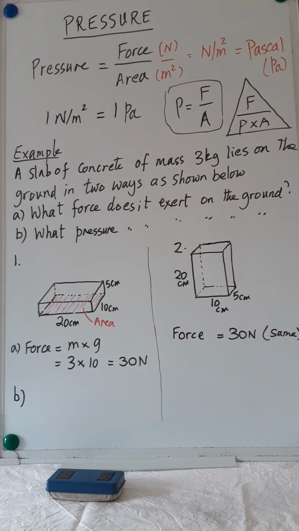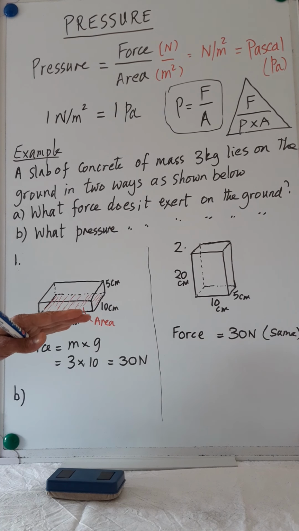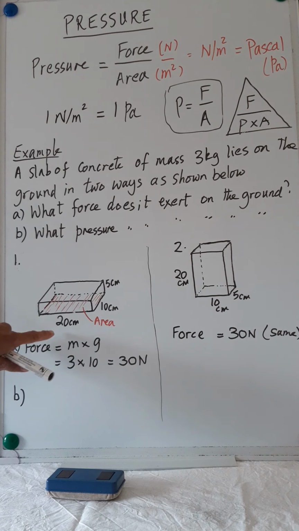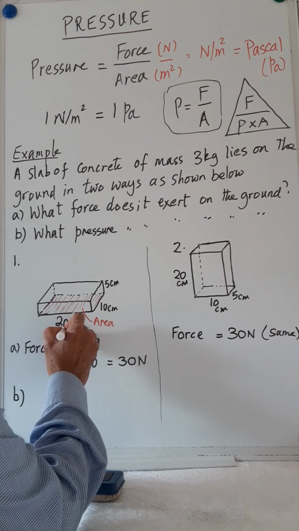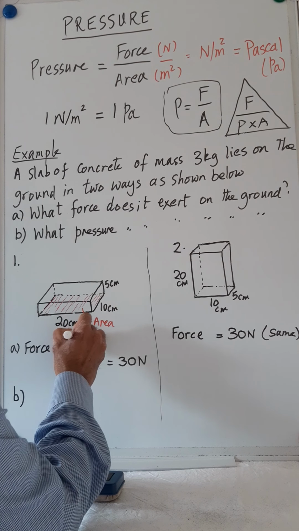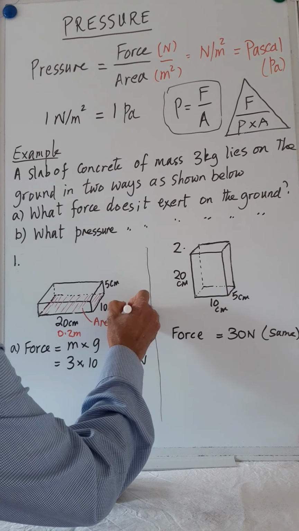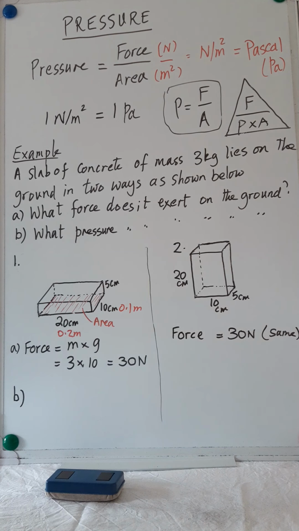Now, in order to get the pressure in pascals, we're going to convert the area into square meters. Now, this is in square centimeters. So if this is 20 centimeters, we can say this is 0.2 meters by 0.1 meter.